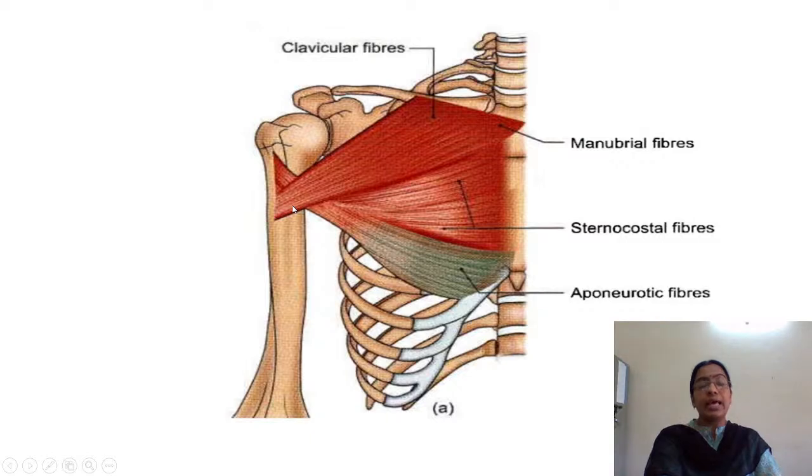This forms the anterior axillary fold. When we studied the surface anatomy, I showed the axillary fold. That axillary fold is formed by the fibers of the pectoralis major muscle.